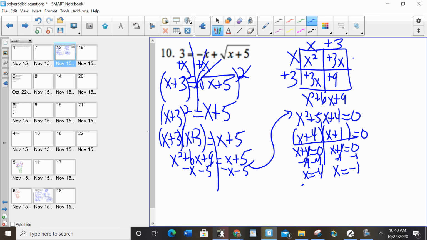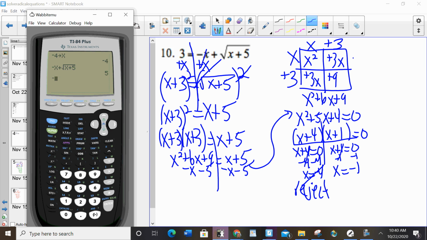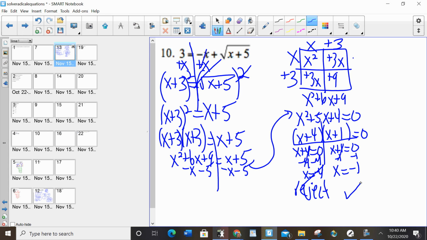So negative 4, I reject. It's an extraneous solution. Now I'm going to check negative 1. And I can just copy and paste that. Again, the left-hand side is 3, and the right-hand side is 3, so that one checks. And your only answer is x equals negative 1.